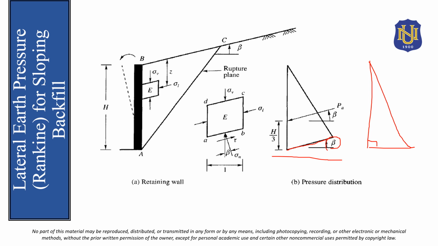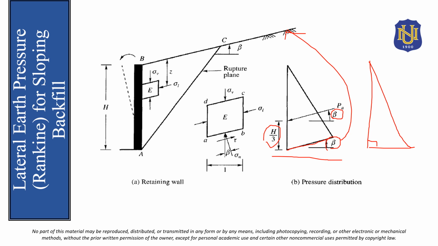That means it is parallel to the inclination of your backfill. You can also observe in this figure that the resulting force or thrust on the wall is also inclined at an angle beta. But still, the point of application, or the location of the force on the retaining wall, is still H over 3 from the bottom of the retaining wall.